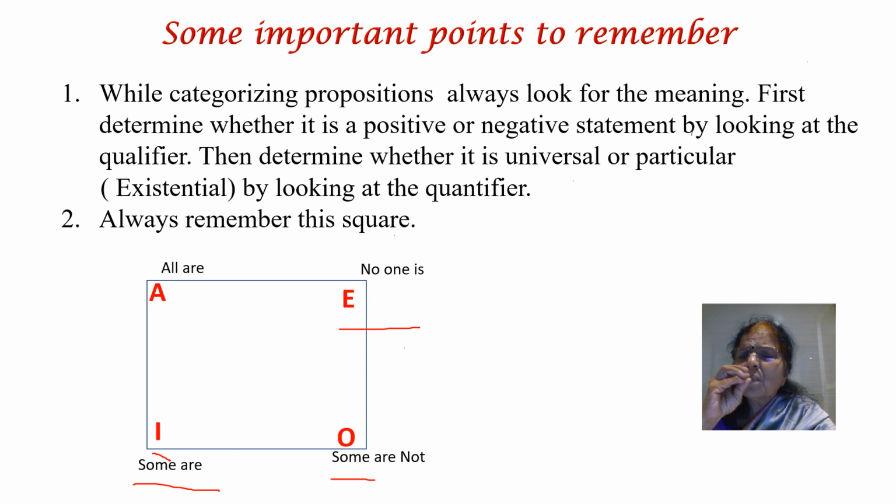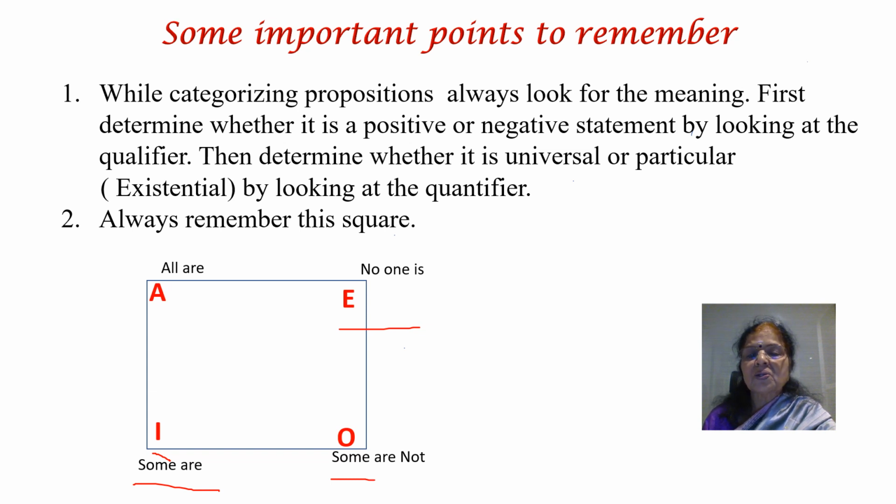That means only some are really gold, but the rest are not gold, though they are glittering. So all not also means some not, O type. You should remember this, because usually students get confused in this term. So all not is always taken as some not.